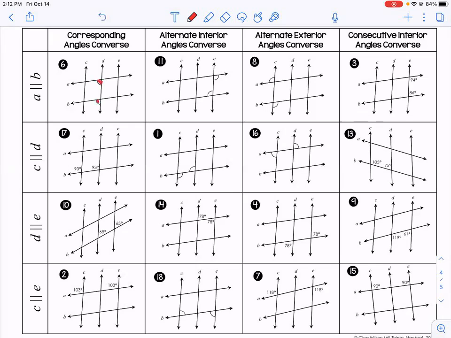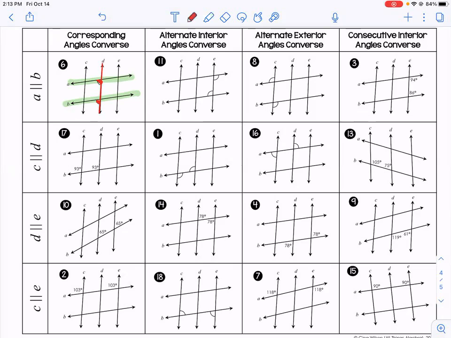If we have our two angles, D is our transversal, and the two lines that are parallel are A and B. Our second line, I'm really not sure why there's talking right now. Our first line, are there any questions about those four? Second line, 17, 1, 16, 13. Are there any questions there?